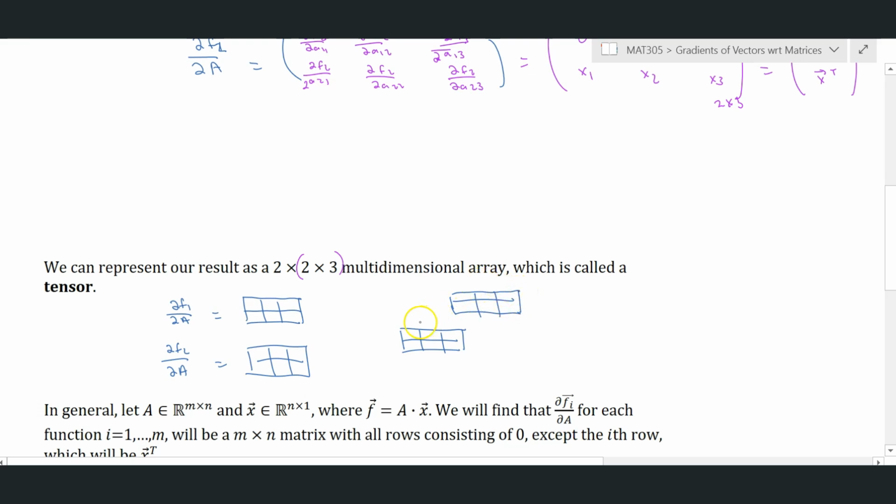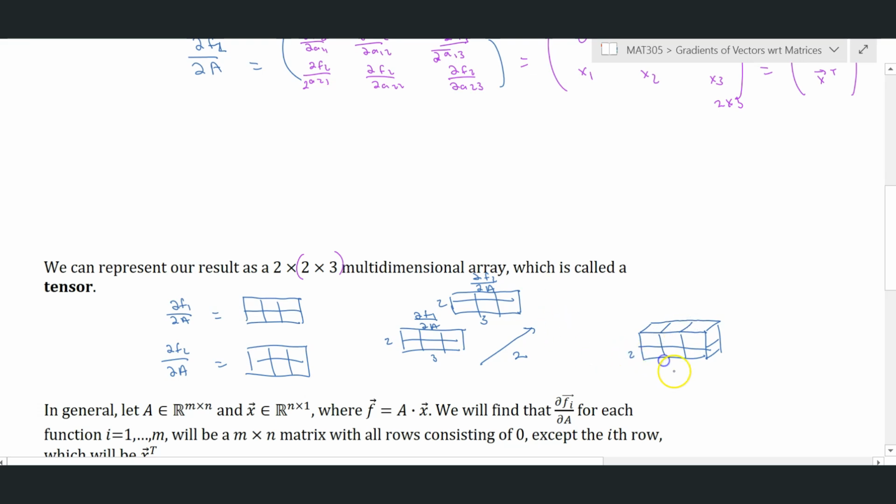So this guy we'll call df1 dA. This guy we'll call df2 dA. And I can sort of think about this as having two 2 by 3 components. And so as a result, I can think about the first one as a 2 by 3, I'm going to say this, like a set of blocks, right?